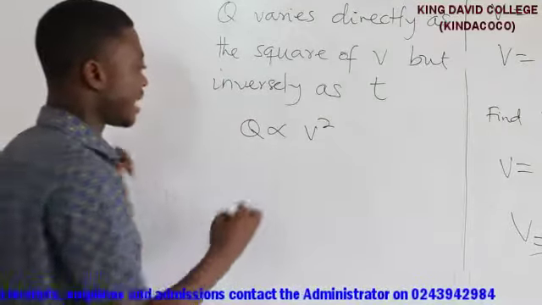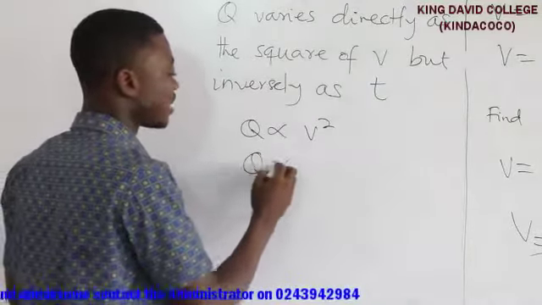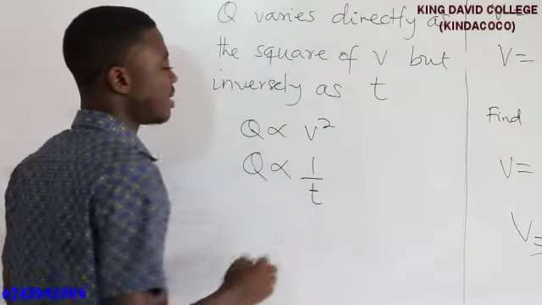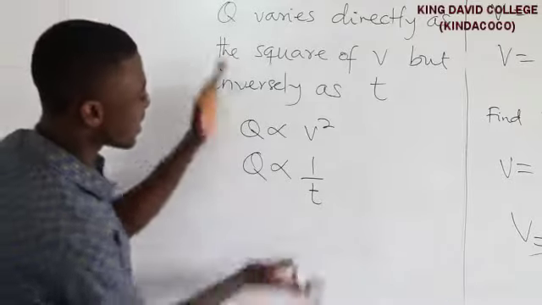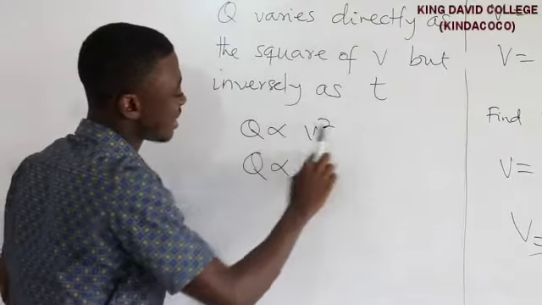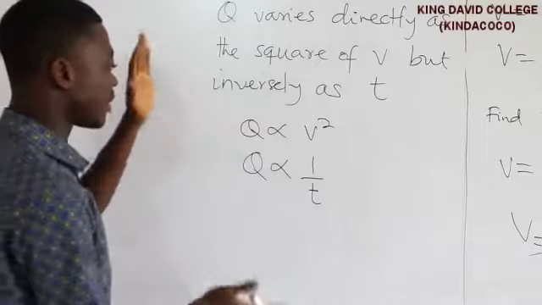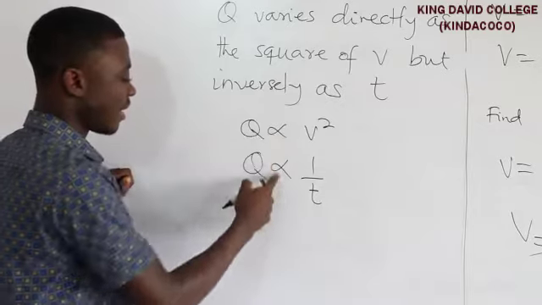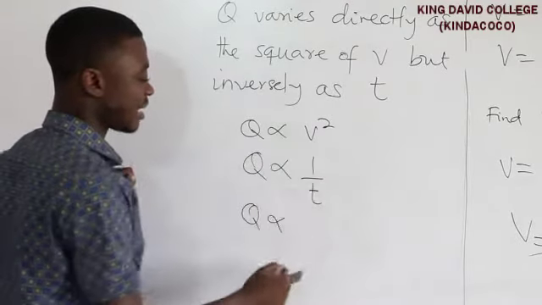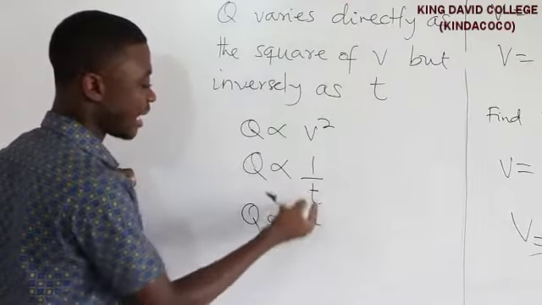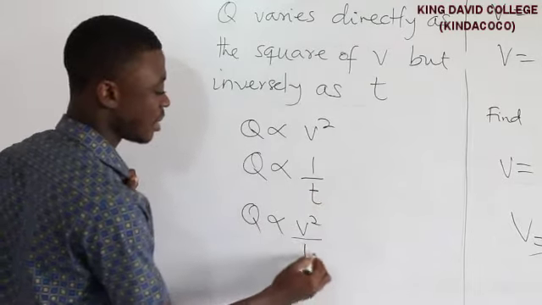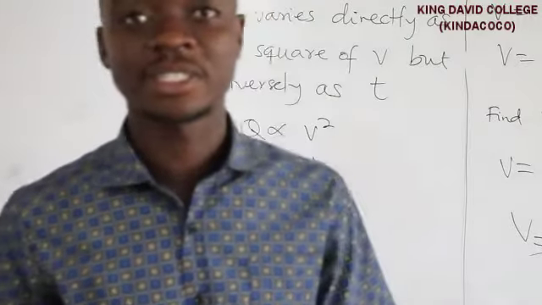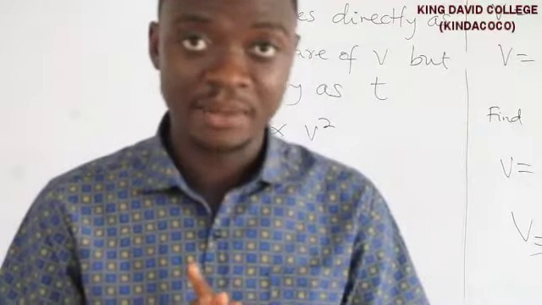And the same Q varies inversely as T, so 1 over T. Fusing these together: V is at the top, so V squared, and T is at the bottom, so Q varies as V squared over T. It's just a matter of getting the two variation sets and fusing them into one.